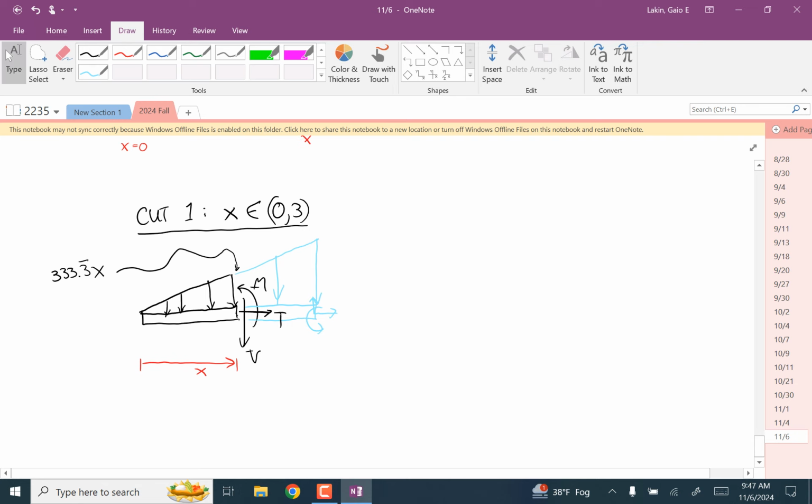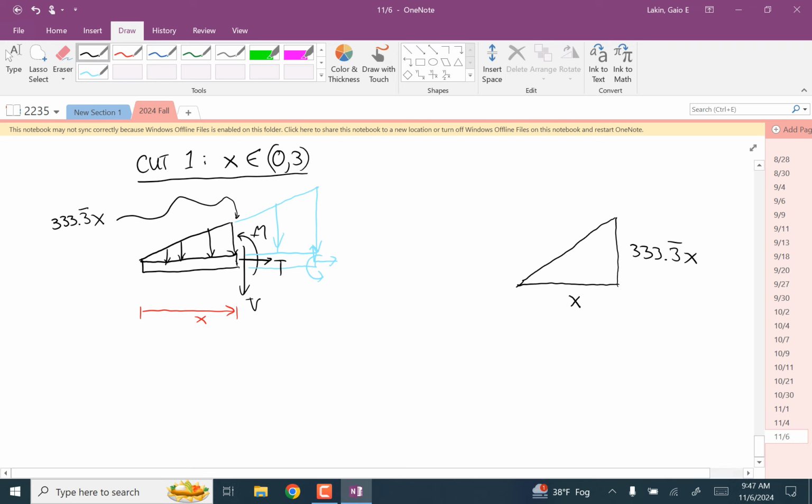Now that we've chosen the piece to isolate, we can go to a point force representation of this. We're going to do that just by using the formula for a right triangle, where our height is 333.3 repeating X, and our base is X. Are you with me on that? So the area is base times height over 2.